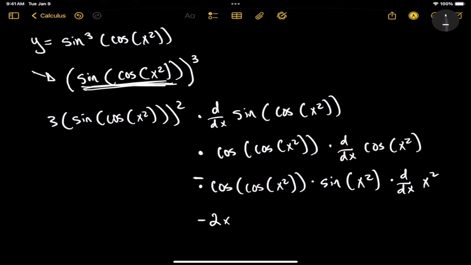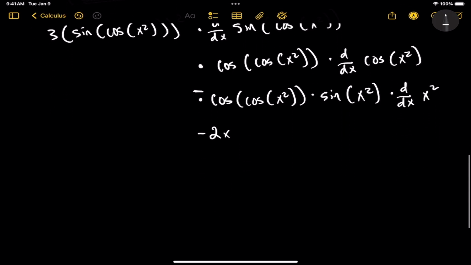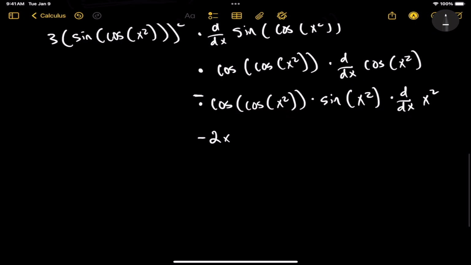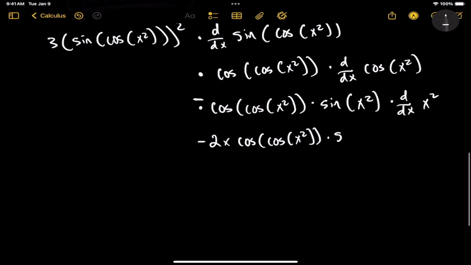So again, we took the derivative of x squared, and I'm just moving it to the left side so I could write all the trigonometric functions over on the right. And then cosine again, parentheses x squared, parentheses, times sine, parentheses x squared. We already did this. I already put that on the left.